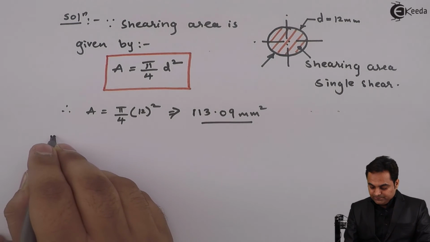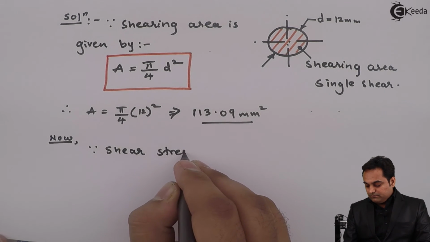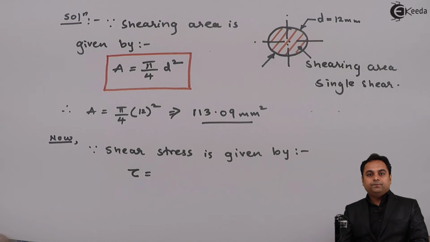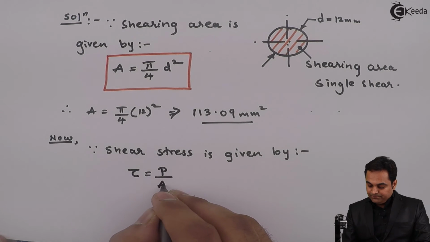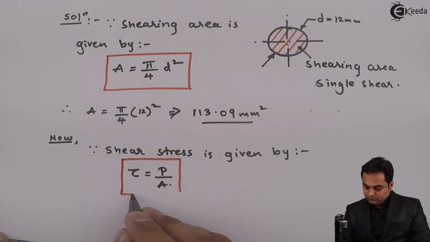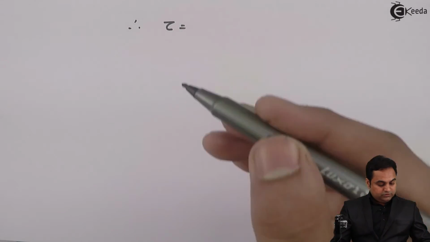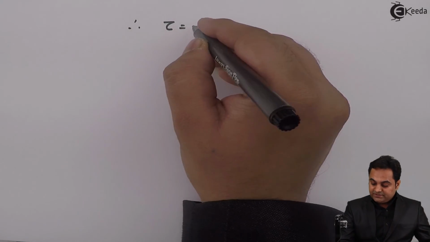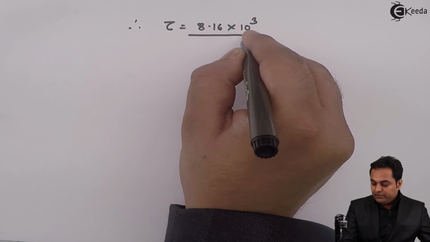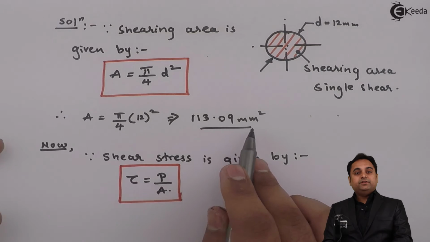So I'll write down after this, since shear stress is given by tau is equal to load upon area, therefore tau is equal to, load is given in the problem as 8.16 kilonewton, so it is 8.16 into 10 raised to 3 Newton divided by area, which is 113.09.